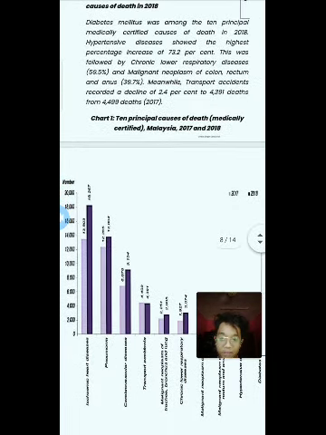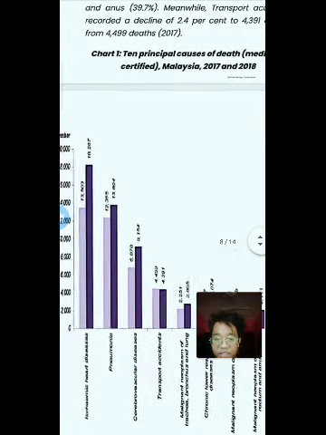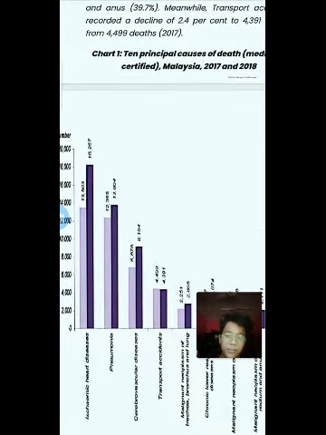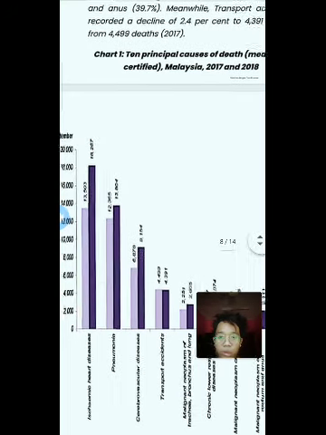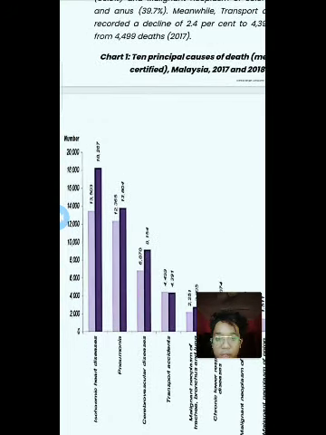In 2017, it's 13,503. But in 2018, you can see the ischemic heart disease increased a little bit to almost 80,267. You can see that it's a little bit higher. It's increasing.